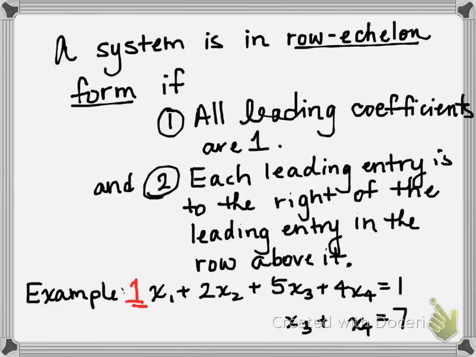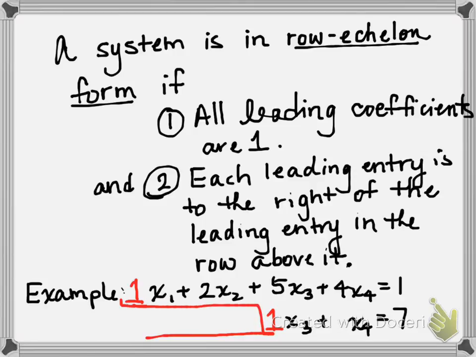And then in my second equation, I have all zero terms until we get to the x3 term, and that leading coefficient is 1. Also notice that in the second row, my leading one is to the right of the leading one in the row above it. So I have sort of a stair-step effect.